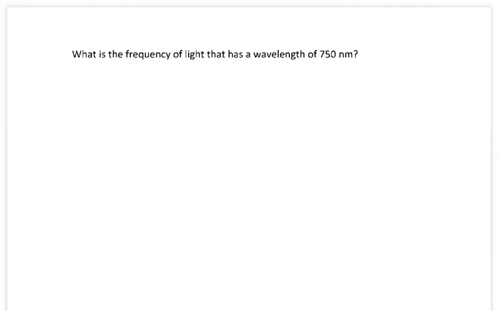All right, so we're asked to calculate the frequency of light or electromagnetic radiation that has a wavelength of 750 nanometers. So I know that the relationship between wavelength and frequency is that c is equal to lambda nu, where the speed of light is 2.998 times 10 to the 8th meters per second. But my wavelength needs to be in meters, not nanometers.